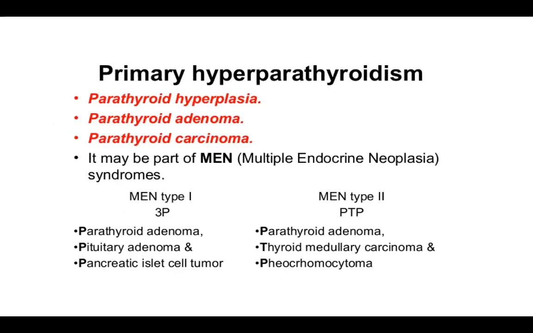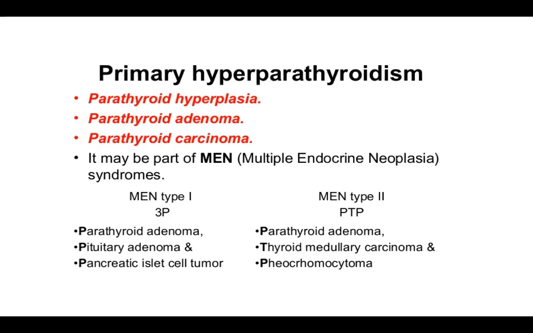You call it primary hyperparathyroidism when the disease is itself present within the parathyroid gland and causes it to hyperfunction. And what could those diseases be? That could be parathyroid hyperplasia, in which there is diffuse enlargement of all the 4 parathyroid glands. They start hyperfunctioning and they start secreting more and more parathyroid hormone.